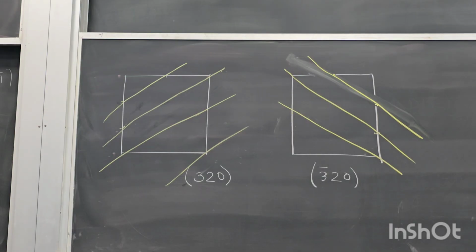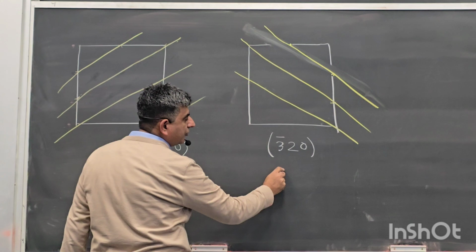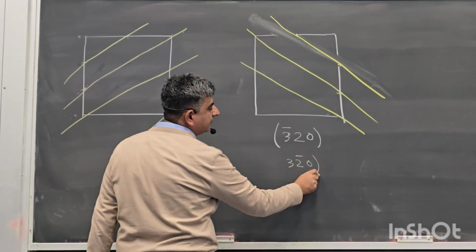Right? So 3 bar 2 0 is the same as, by the way, write this as 3 bar 2 0 or 3 2 bar 0. It's the same thing.